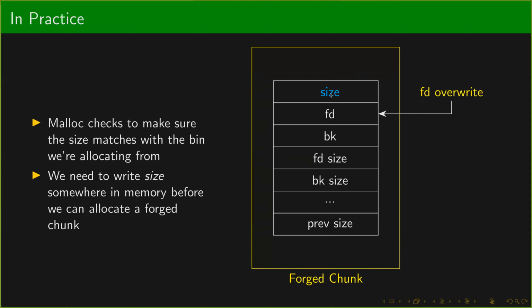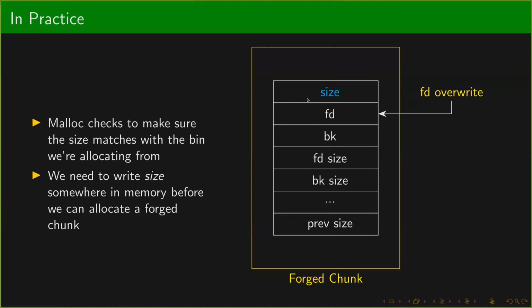If the forged chunk points to something where the 8 bytes preceding it are not 0x80, the program is going to stop running and say, hey, you have a heap error.